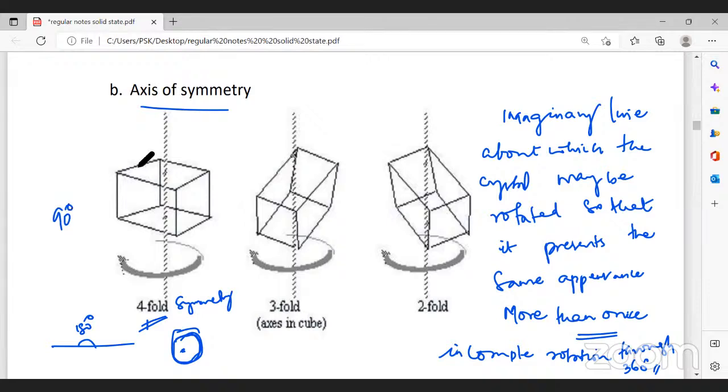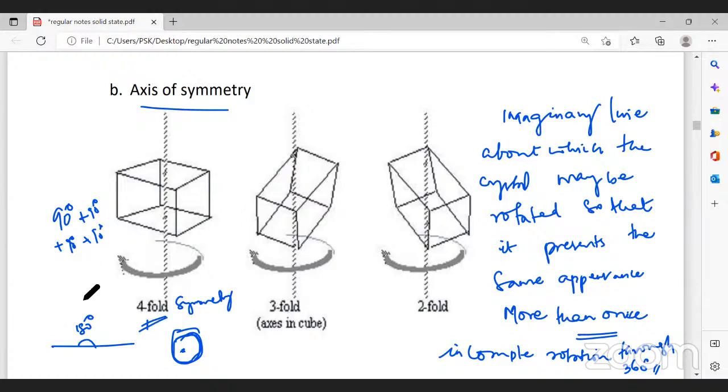If you rotate once for 90 degrees, the cube will appear as it is visible now. Next, you rotate for another 90 degrees, it will again appear the same. If you rotate 4 times 90 degrees, this cube will look similar as it was initially. Therefore, we call that fourfold symmetry. Did you understand what it means? Yes, sir.